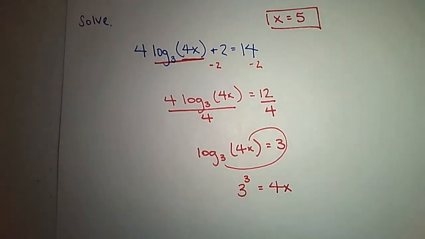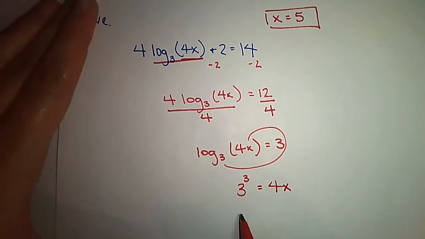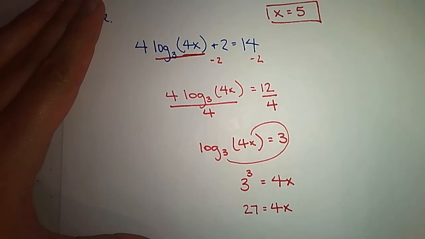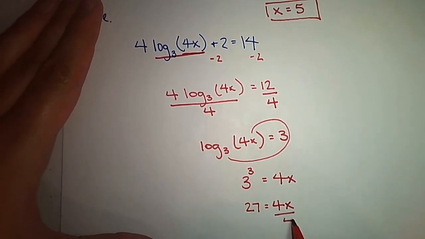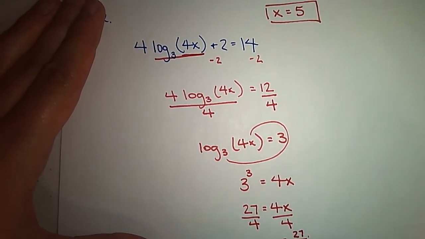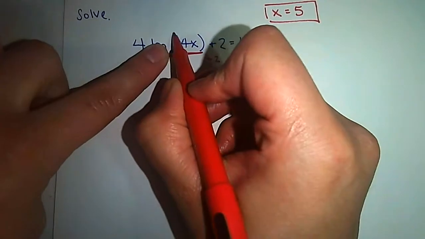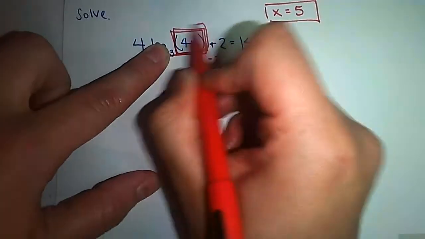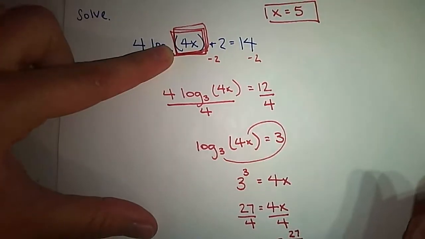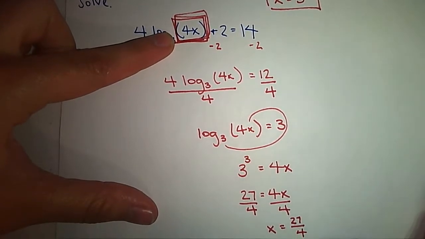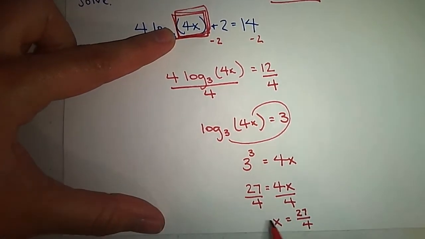And now it's a fairly simple equation to solve. 3 to the 3rd is 27. And in order to get x by itself, I need to divide both sides by 4. So I'm going to end up with an answer of 27 divided by 4. And again, we need to check to make sure that when we plug that back in, our argument will stay positive. 4 times 27 divided by 4 is 27, which is a positive number.